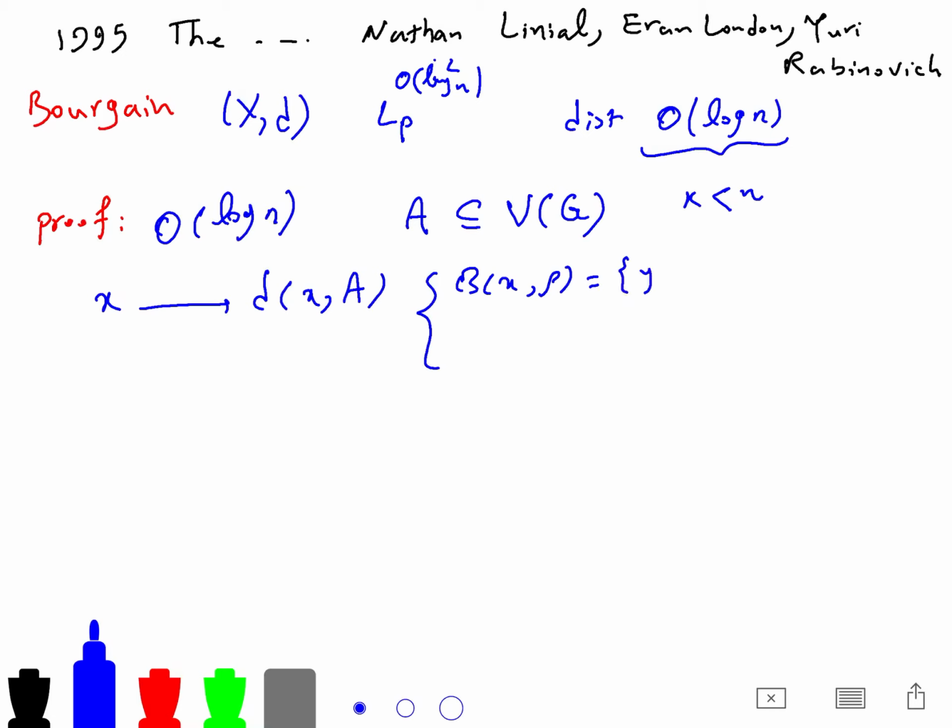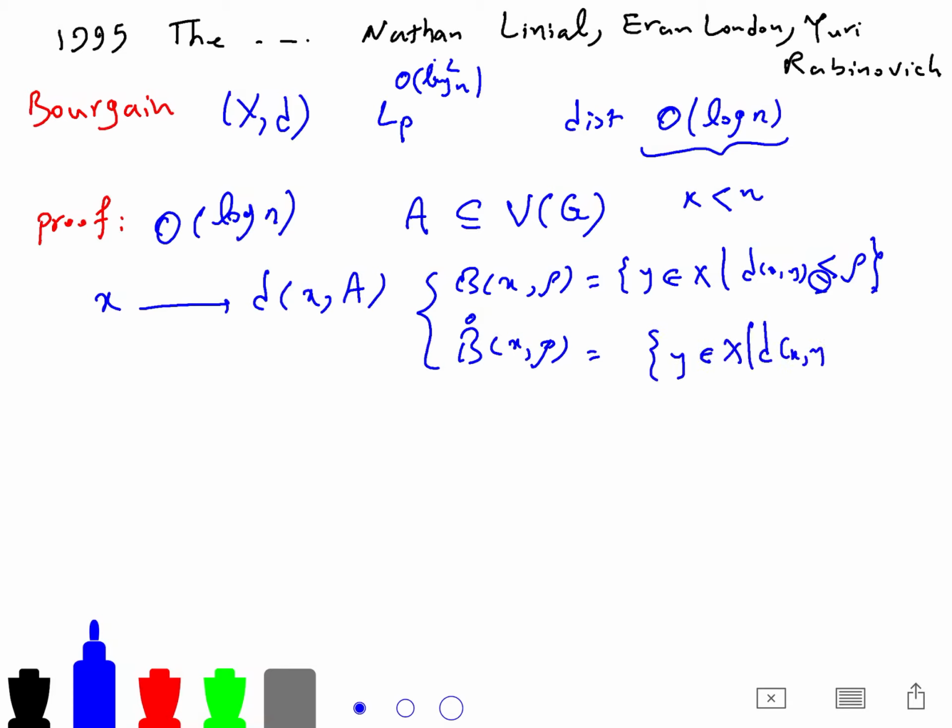As you know, this is the ball of points whose distances are less than rho. This is a closed ball because of this, and this is an open ball as well. If you're familiar with topology, this is the open ball: d(x,y) is less than rho, but not equal to.